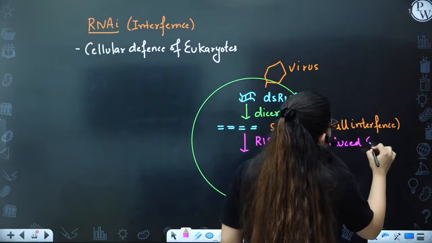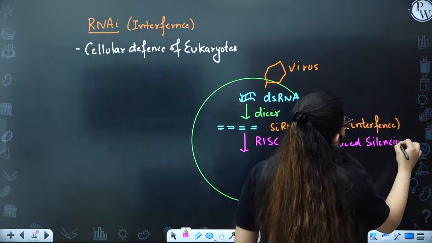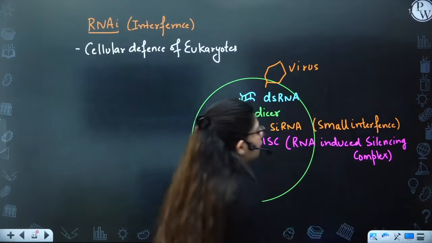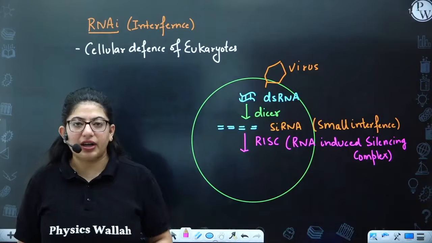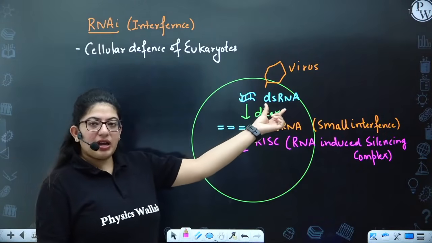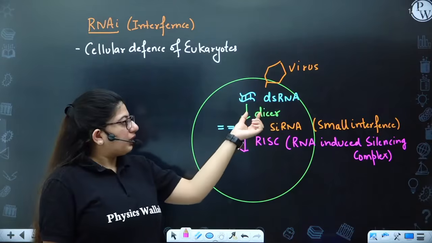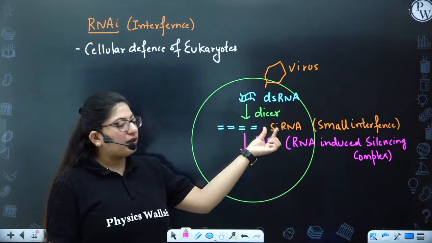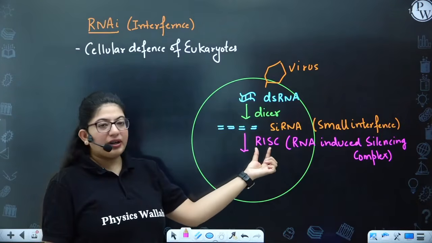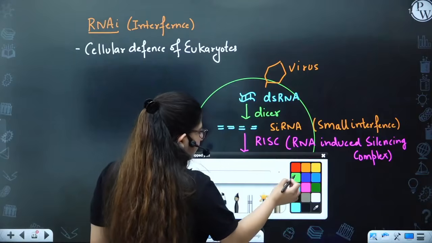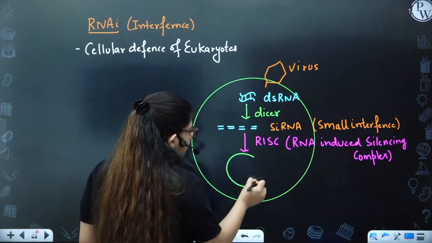This is the important one, which will silence the double-stranded RNA. So first, double-stranded RNA is formed. Dicer will come and chop it into small interfering RNA. These small interfering RNA will now activate this enzyme, RISC.